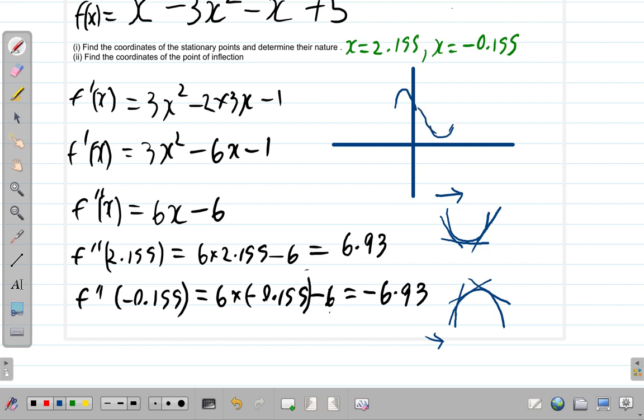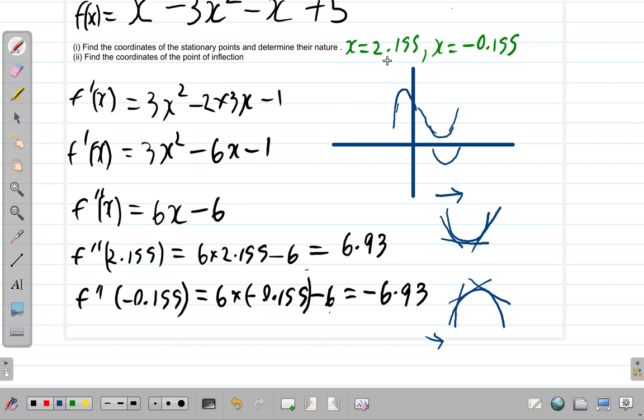Alright? We're not really sketching the curve accurately. Maybe the curve is somewhere down here. But whatever the case is, we're not really interested, at this time, in finding all the intercepts and the exact location in terms of coordinates of these. So we were just asked to find the location and the nature of the stationary points.